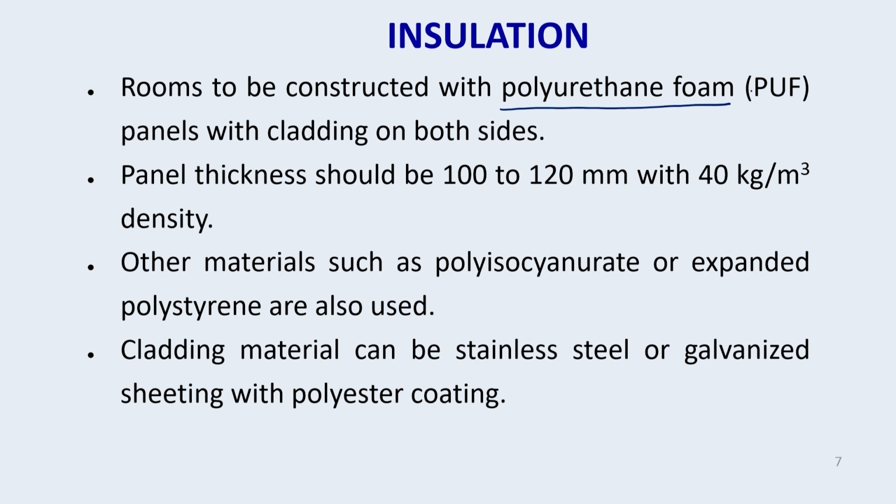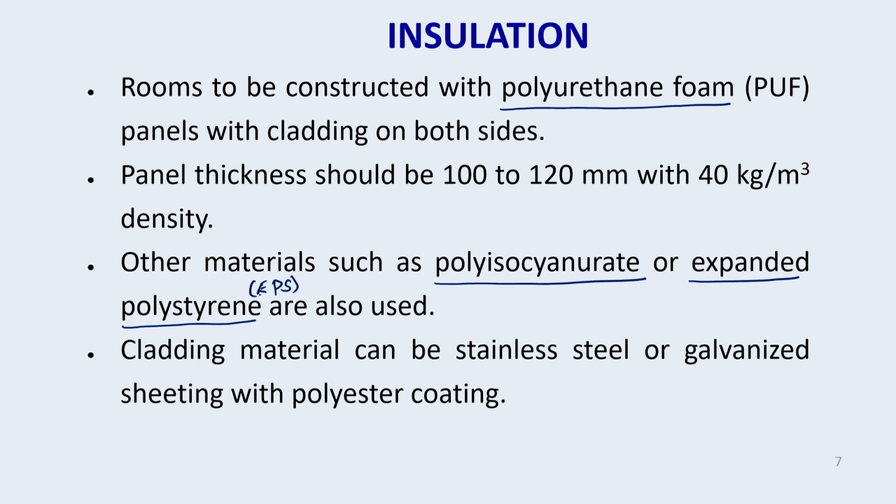However, in some cases it can go up to 130 or 140 millimeter, with a density of 40 kilogram per meter cube. Apart from puff, there are other materials also, like polyisocyanurate or expanded polystyrene. Expanded polystyrene is EPS.